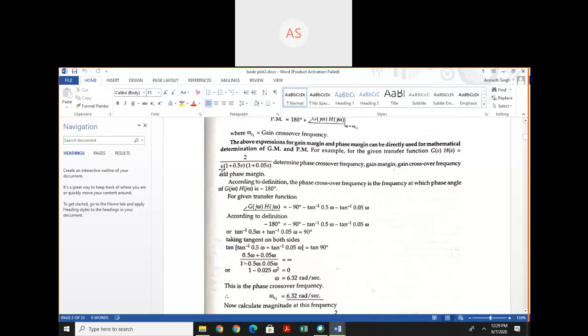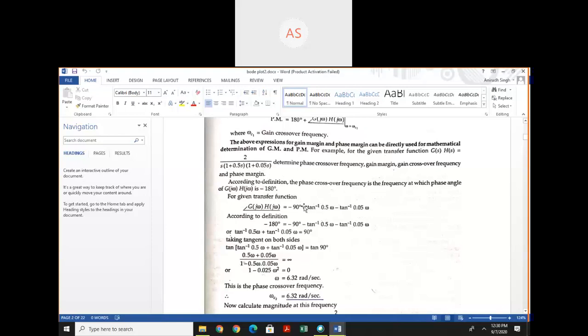For the pole at the origin, the angle is minus 90 degrees. For a pole on the real axis, the angle is given by tan inverse of imaginary part divided by real part, minus tan inverse 0.05ω divided by 1. This is the phase angle of this transfer function.